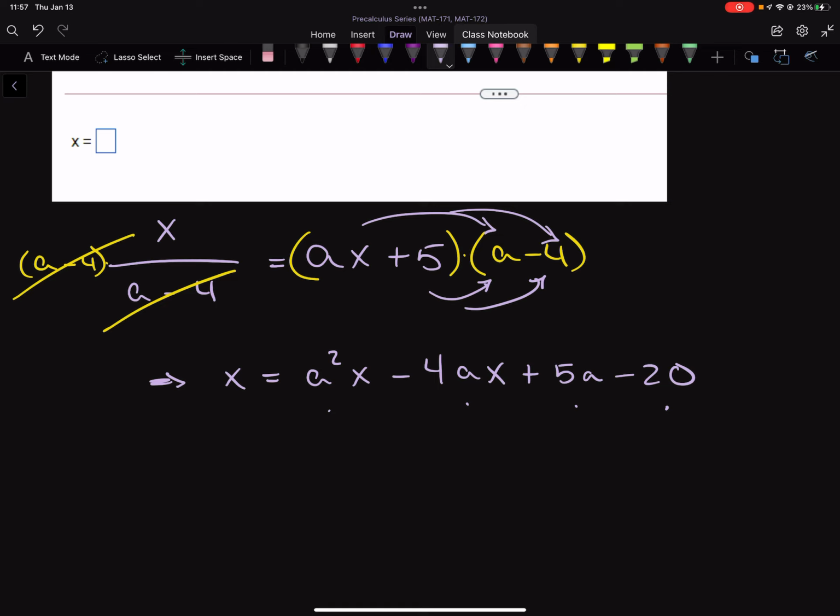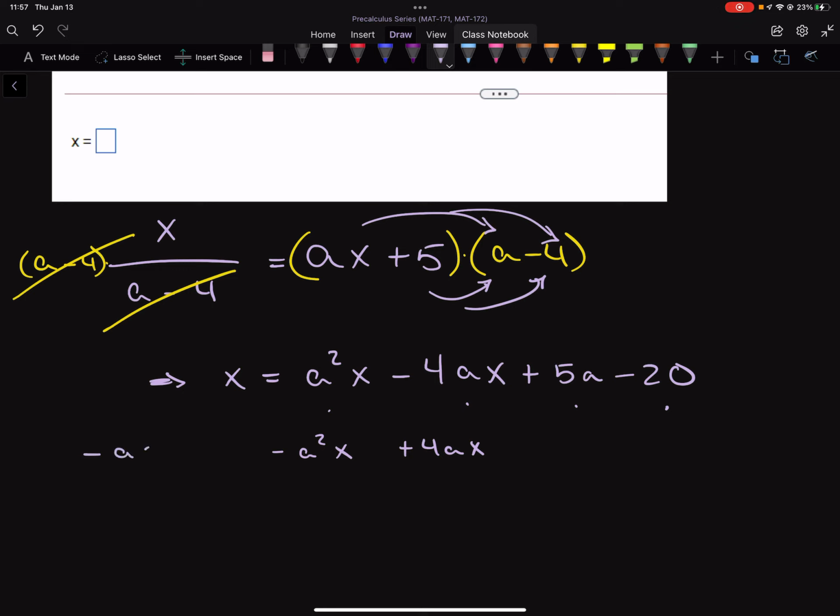Now what you want to do here, you're going to want to get all of your x terms on the same side so that you can factor out that x. All right, and it doesn't really matter which side you take everything to. I think the path of least resistance is to move a squared x and 4ax to the other side.